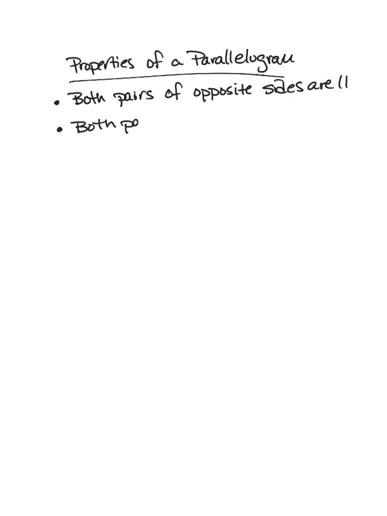So the properties of a parallelogram, both pairs of opposite sides are parallel. That's number one. So what this does by having this, it cuts off equal distances, so both pairs of opposite sides are congruent.